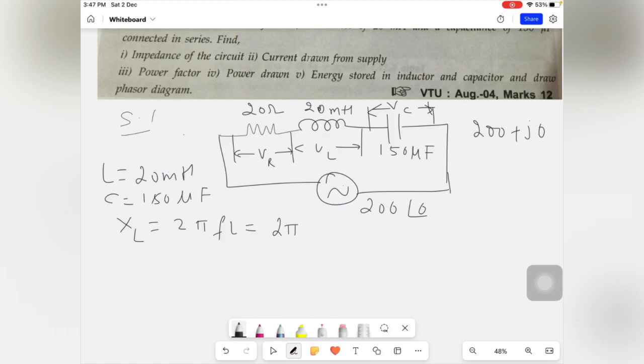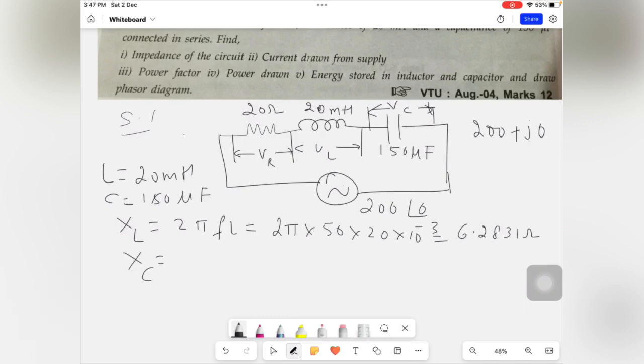Even if it is not given, you can assume 50 Hz. 2 pi into 50, now the value of L is 20 millihenry, 20 into 10 to the power of minus 3. Simplifying, you will get 6.2831 ohms.